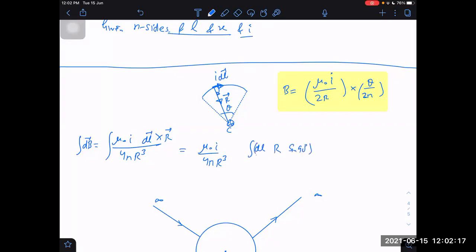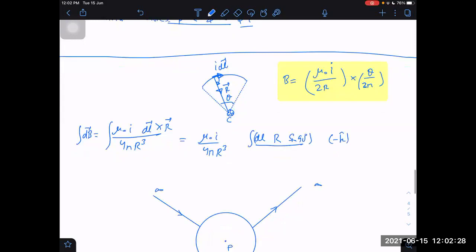And what is the direction? The direction will be perpendicular to dL and R, which will be pointing inwards for this particular example. Can I take it as minus k cap for this example only? Yes, sir. If I take it the other side, then it will be plus, outwards. If I take this side, then it will be inwards. So I'm taking minus k cap.